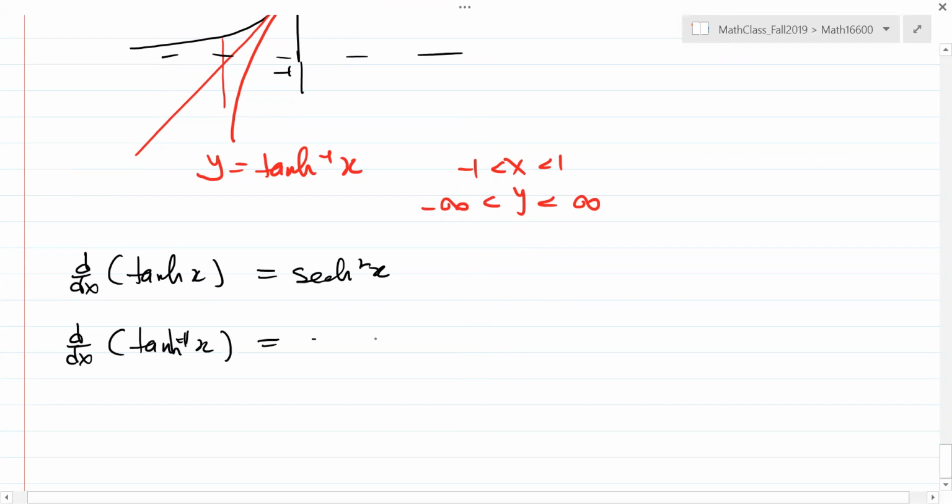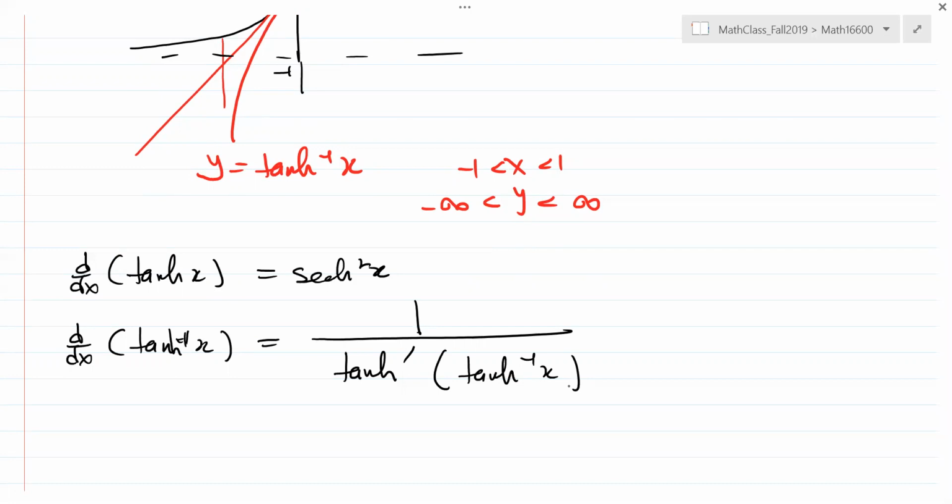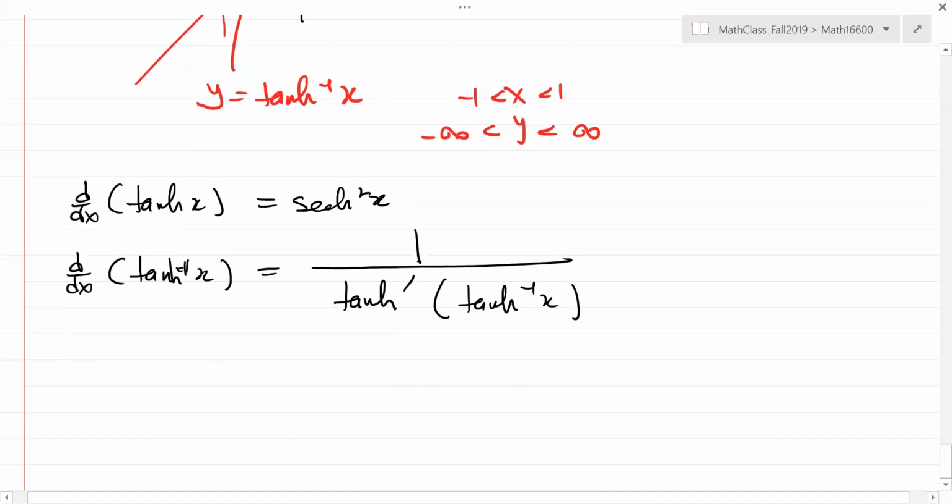According to the formula, right, we have this. And then you get this, right?